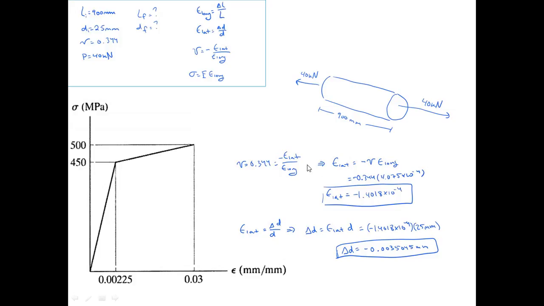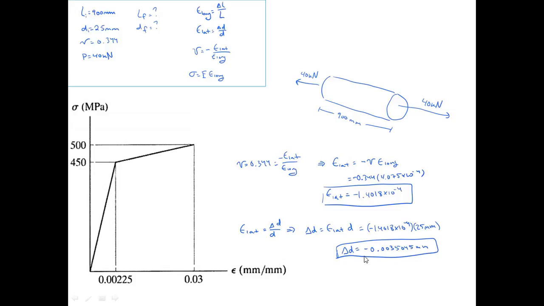We rearrange the equation for Poisson's ratio, and we end up with lateral strain equals negative 1.4 whatever. From the lateral strain, we know that it's change in diameter over original diameter, so we can find the overall change in diameter, and we end up with negative 0.0035045 millimeters.